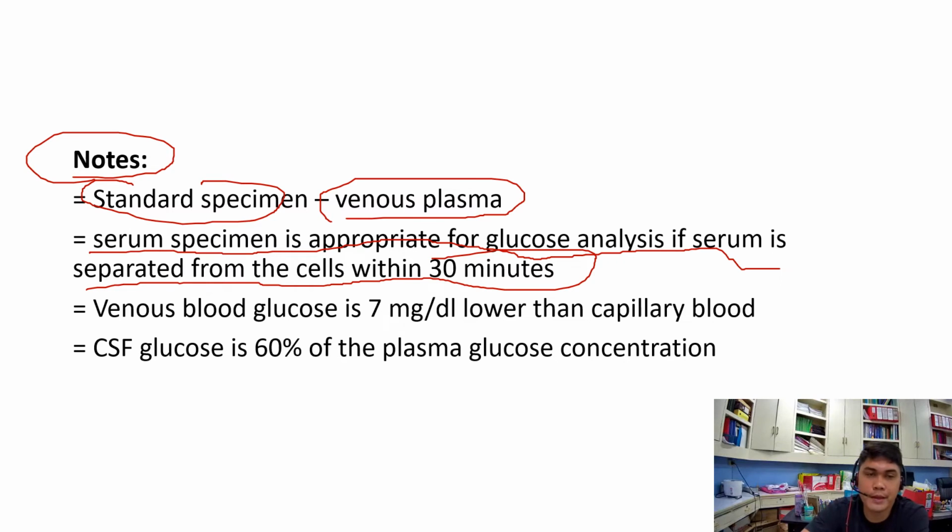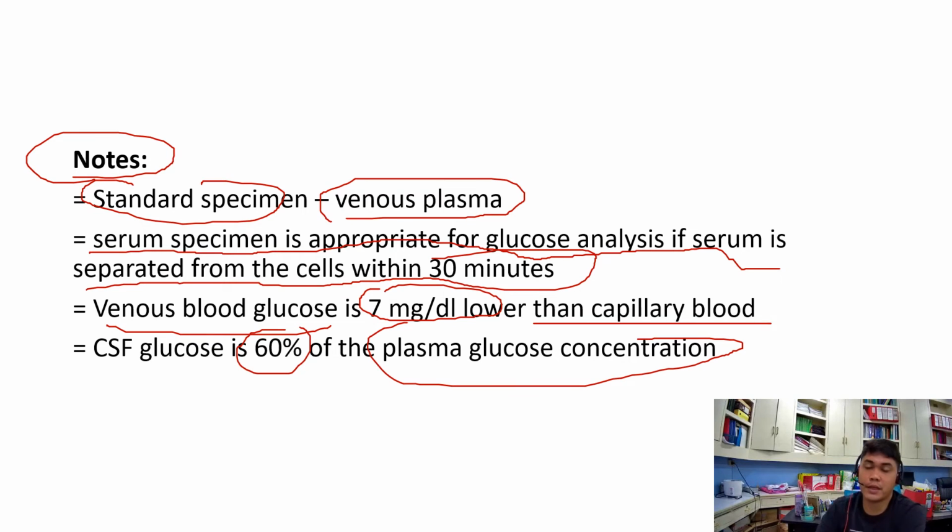Okay. So venous blood glucose is 7 mg/dl lower than capillary blood. And CSF glucose is 60% of plasma glucose concentration. So meaning, if the glucose concentration in plasma is 100 mg per dl, the glucose concentration in CSF is 60%, 60 mg per dl.